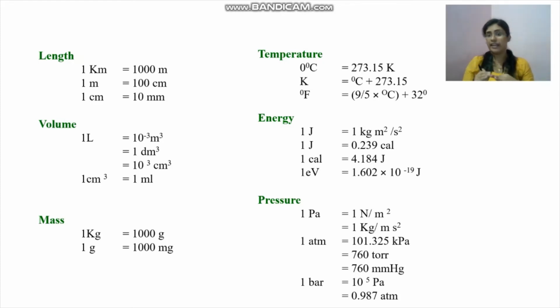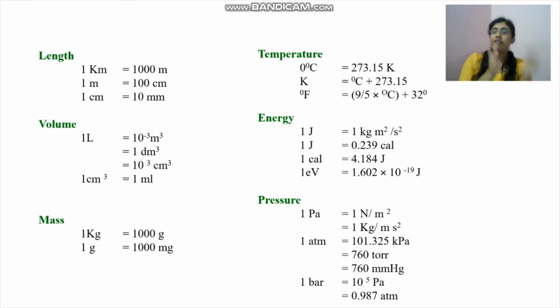We don't use Fahrenheit that much in calculations, but we'll just know it. 0 degrees Celsius corresponds to 273.15 Kelvin, and for ease of calculation we neglect the 0.15 and just use 273 Kelvin. To convert degree Celsius to Kelvin, we add 273.15, or 273, to the temperature in Celsius, and we get the temperature in Kelvin.